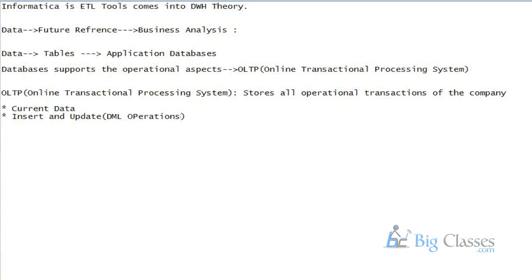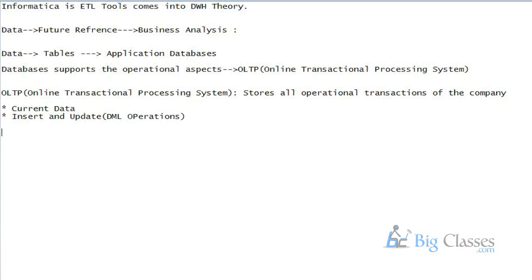They help to run the day-to-day operations of the business. Because of this importance, the OLTPs are the first parts of the organization that have to be characterized.